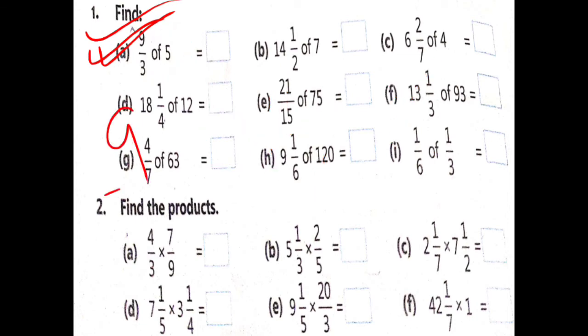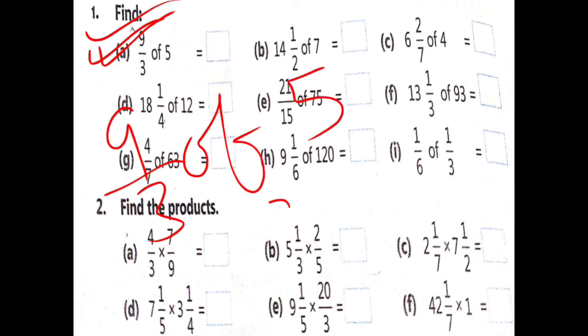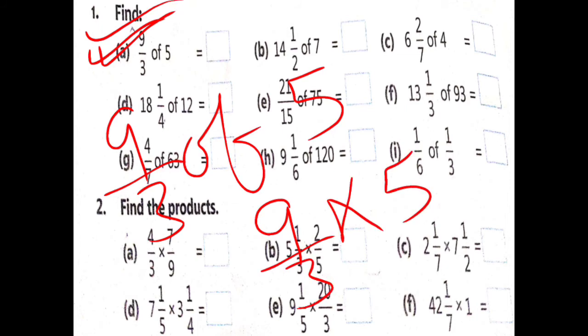You just write 9 upon 3 of 5. Then 9 upon 3 multiply by 5. How do you solve it? You are able to cut a number.